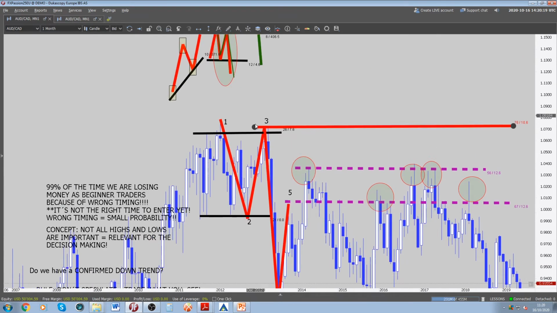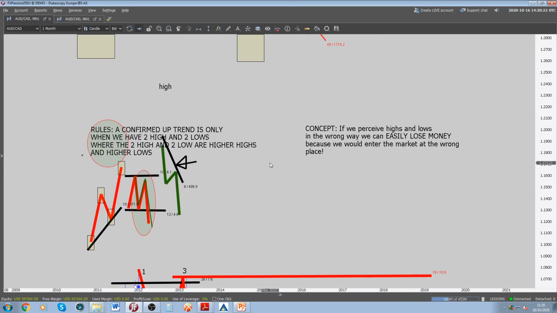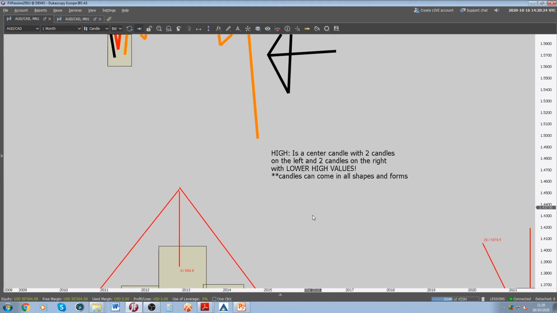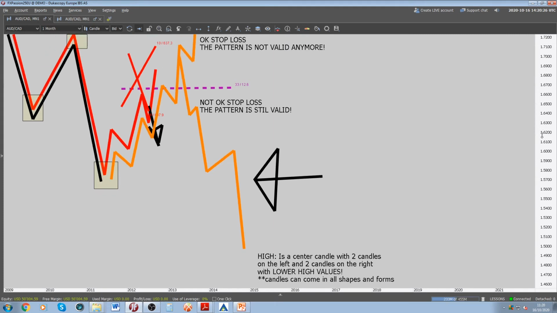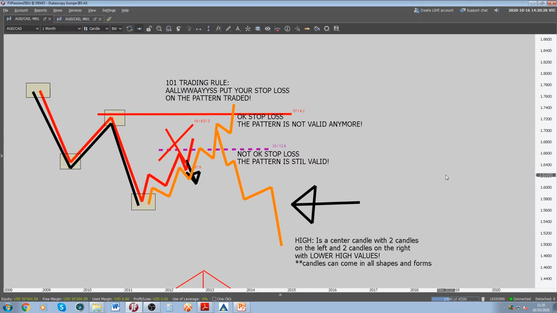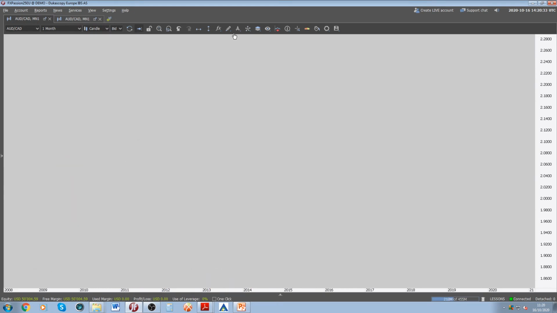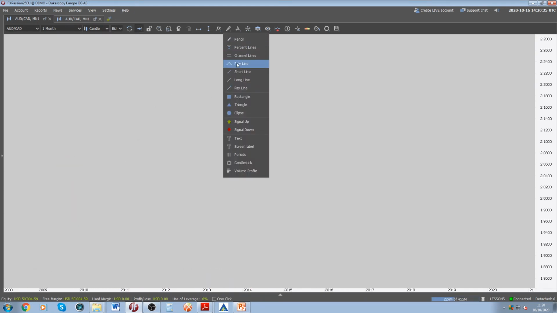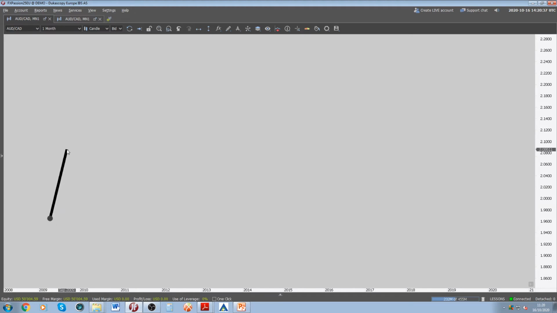This is one of the cardinal, most important rules. The stop loss must always go on the pattern. Now, talking about market behaviors, everybody, we have 3 tradable market behaviors.